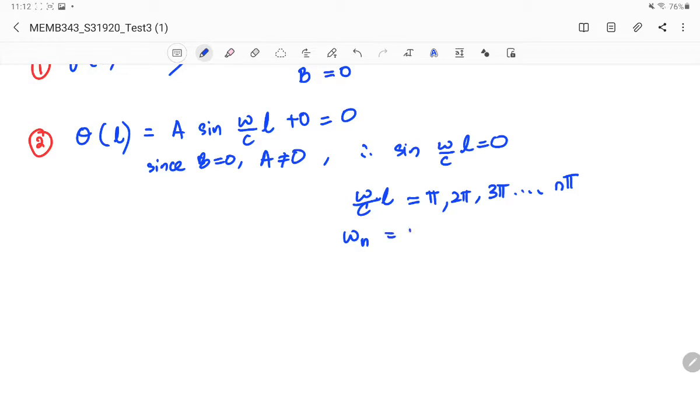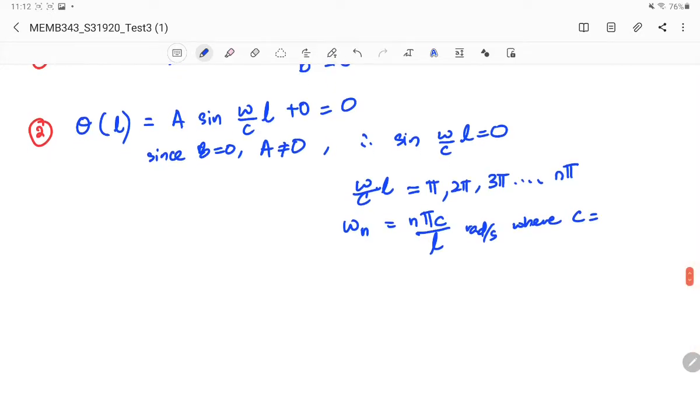So you rearrange the terms. You have n pi, so you bring the c over L to the other side of the equation, and you will get your natural frequencies. So these are the expressions. You can also define your c, because they want you to write it in terms of density.